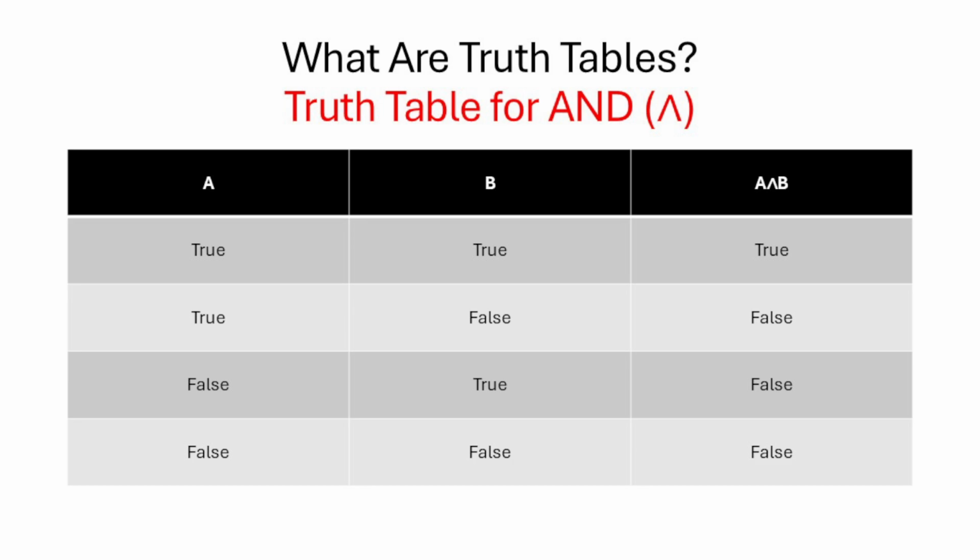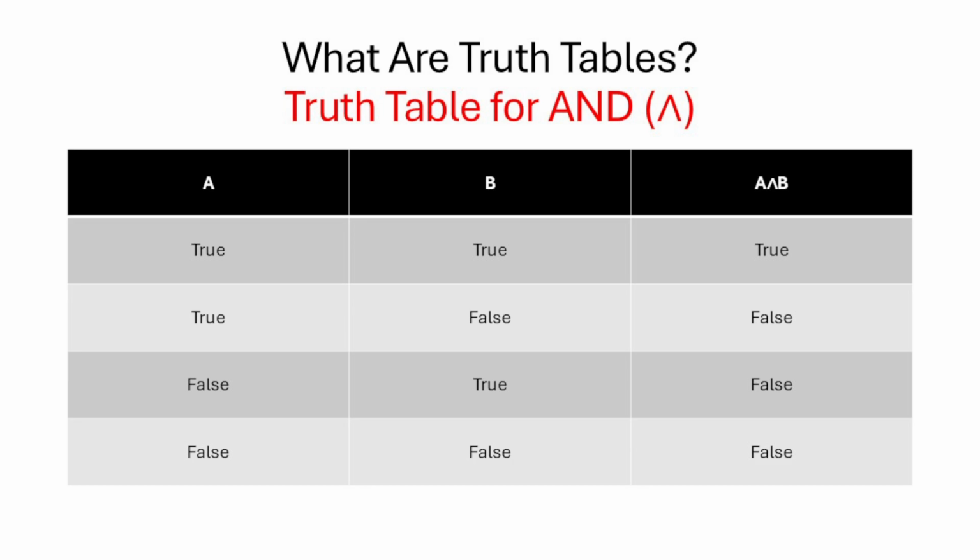But if A is true and B is false, then A and B is false. And so on. You can see from this table that in order for the statement A and B to be true, both A and B need to be true.